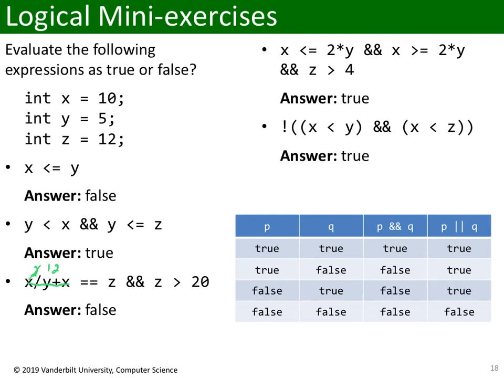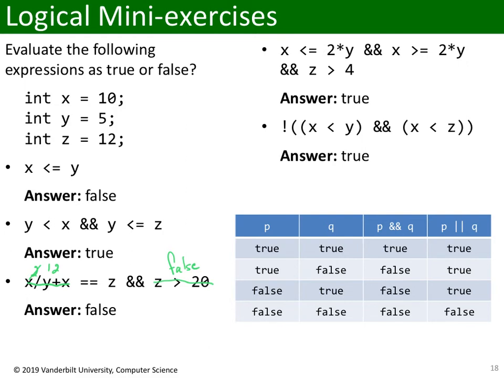The next highest priority operator is going to be the relational greater than. So z has the value 12, so 12 is greater than 20. This will take on the value false. Now we would look at the relational operator equals equals.